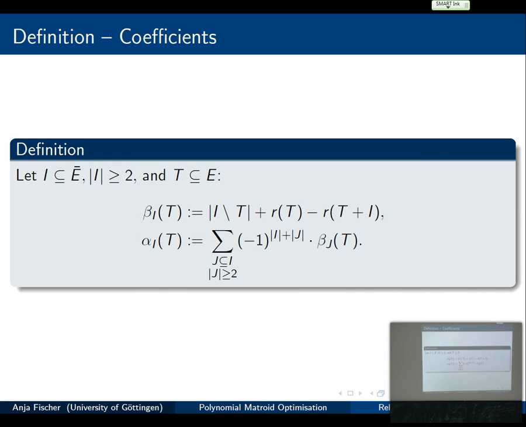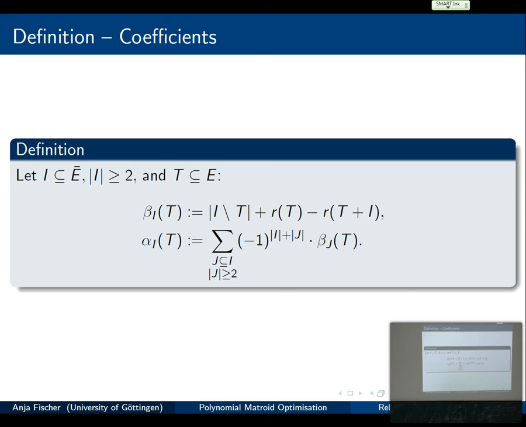Again, our beta. We generalize our beta now to a set I. So how many elements are added? And we compare the old rank with the new rank. So again, we count our dependencies. But that's not enough. Now we have lots of monomials, and for our coefficients and our rank inequalities, if we have a large monomial, say of degree 5, then maybe some dependencies are already counted for a smaller monomial.